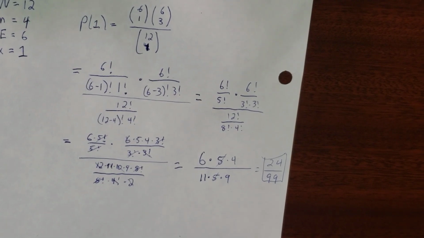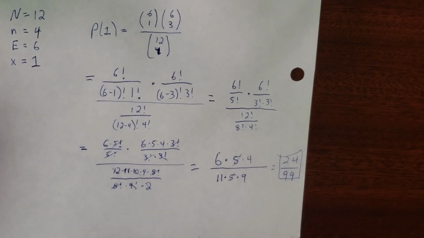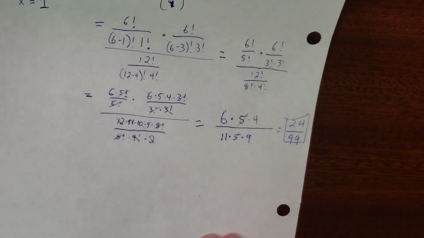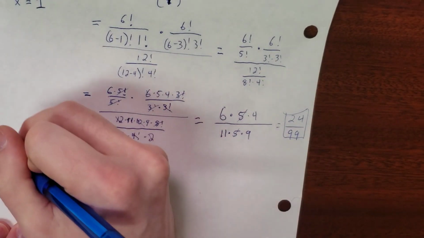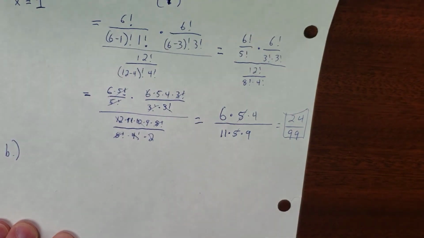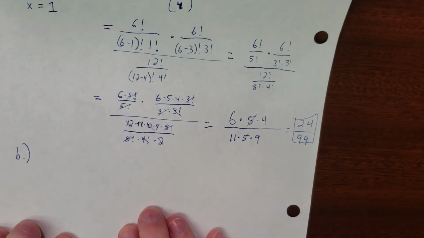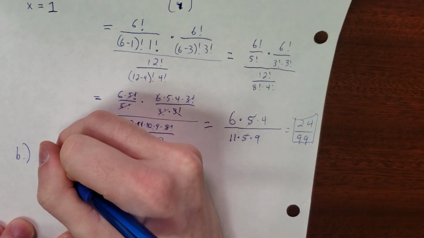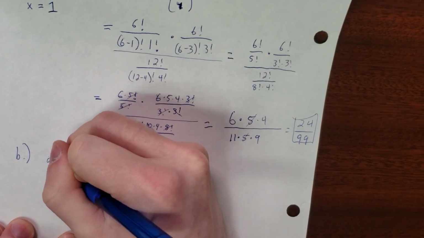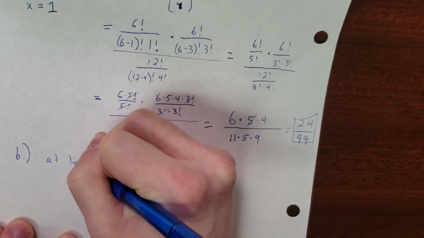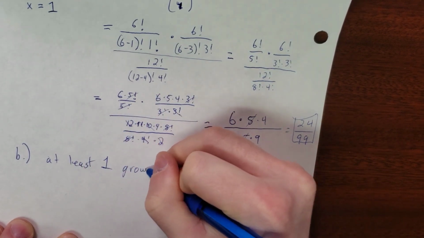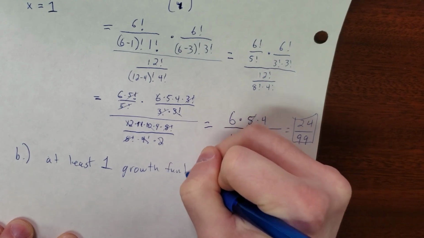All right. Well, what if we continued to ask a similar question now? Part B is going to ask, what is the probability that at least one growth fund is selected?